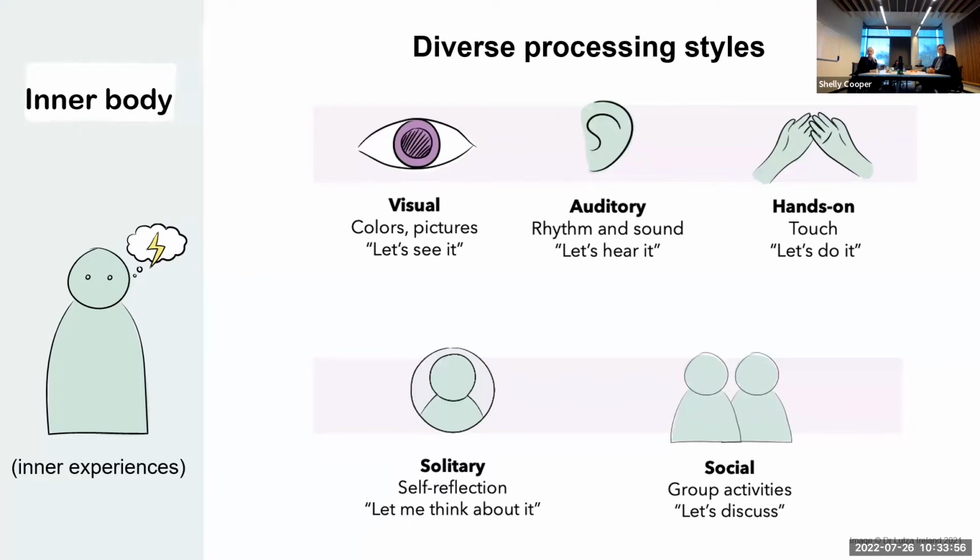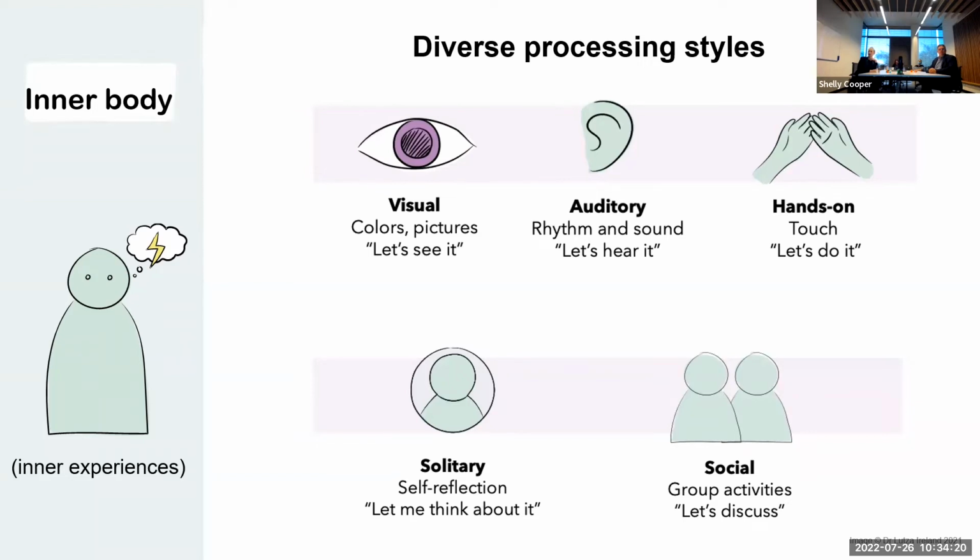And then the last important thing about processing styles is that often co-design is very keen on design thinking workshops, co-design groups, focus groups, and so on. But not everybody is comfortable or is able to process information in social settings.